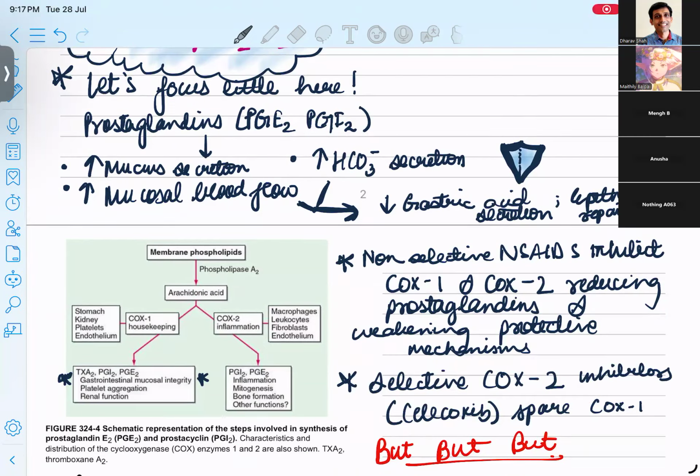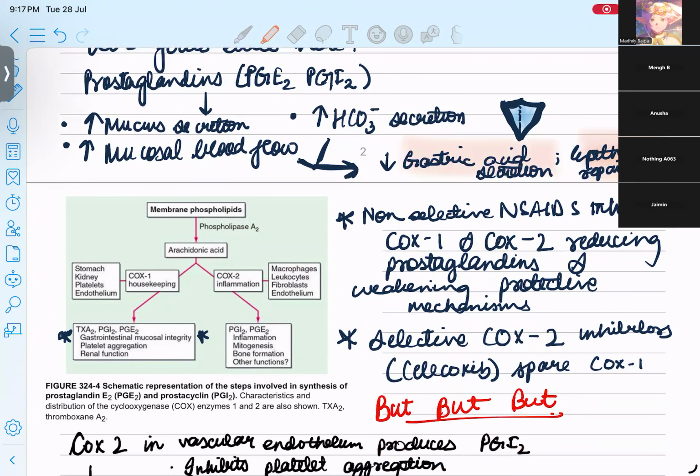So वो कैसे होता है? Increasing the bicarbonate secretion and decreasing the gastric acid secretion, and epithelial repair में भी help करता है. So we know now कि prostaglandins have a very important role in maintaining the acid balance in our stomach.